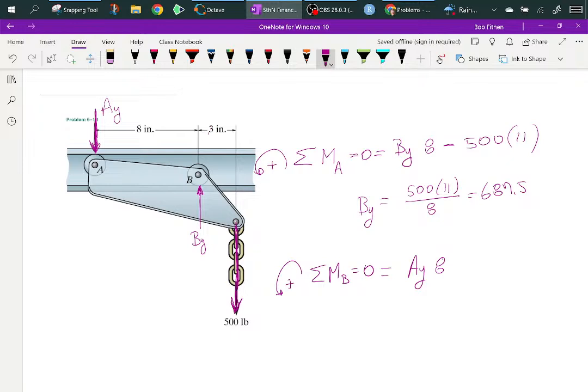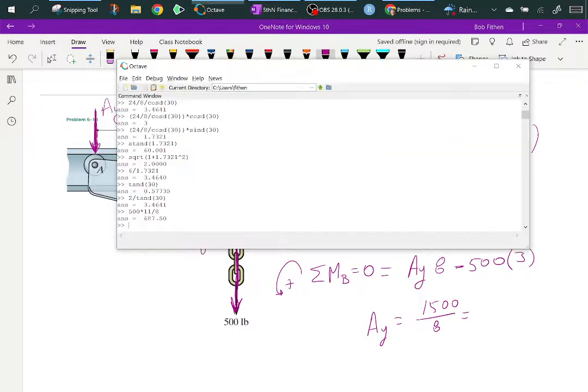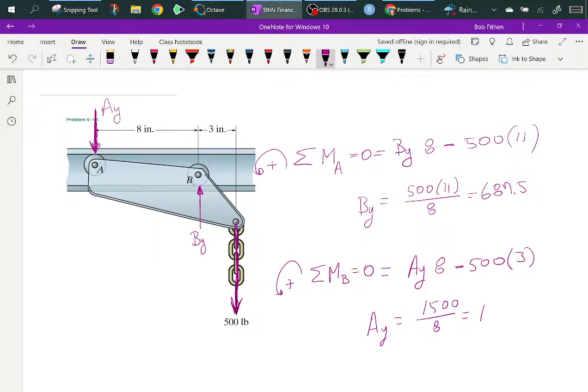And we're still summing about B, and this one goes this way. 500 pounds times that 3 inches is equal to AY is equal to 1500 divided by 8 equals 187.5.